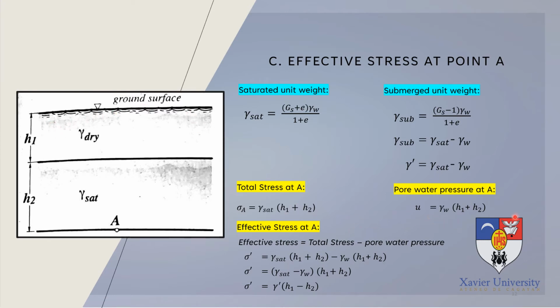So our pore water pressure is still equal to H1 plus H2 times the gamma water because our groundwater table is H1 plus H2 far from our point A. So effective stress is still equal to total stress minus pore water pressure, and we have this equation from our pore water pressure. So simplifying that one, we come up with the equation of our effective stress at point A if the situation is presented like this.